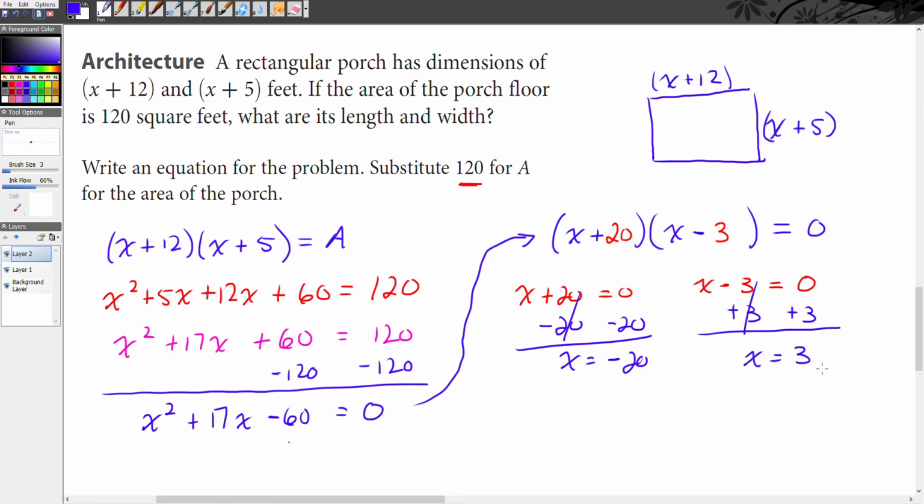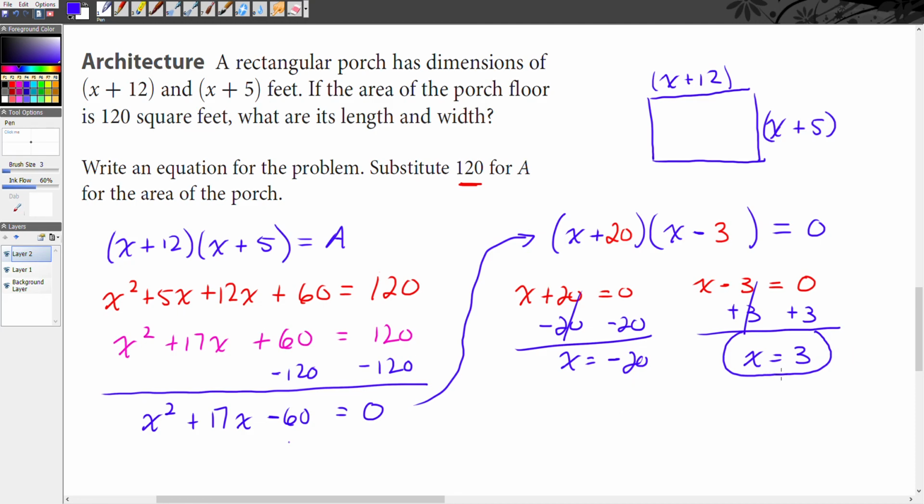Now, since this is a real-world situation, we're talking about measuring a real-world object like a rectangular porch, only one of these numbers makes sense, and that would be x equals 3, because x cannot equal negative 20, because we cannot measure real things like rectangular porches with negative numbers.